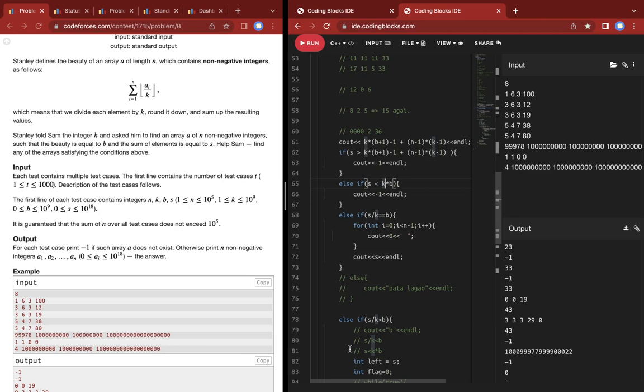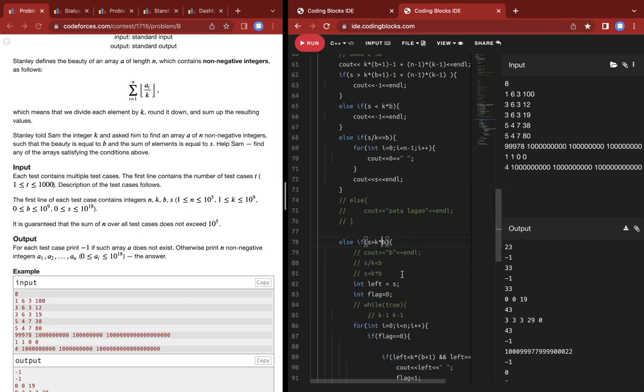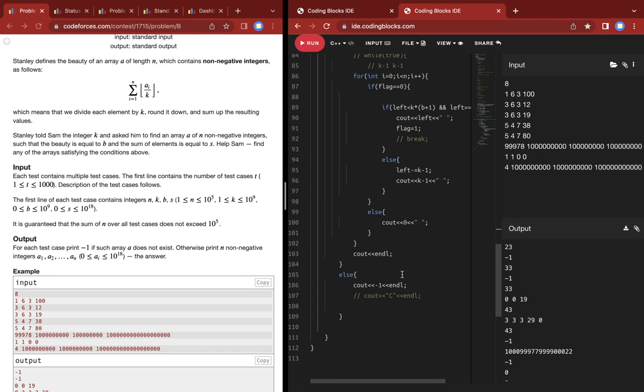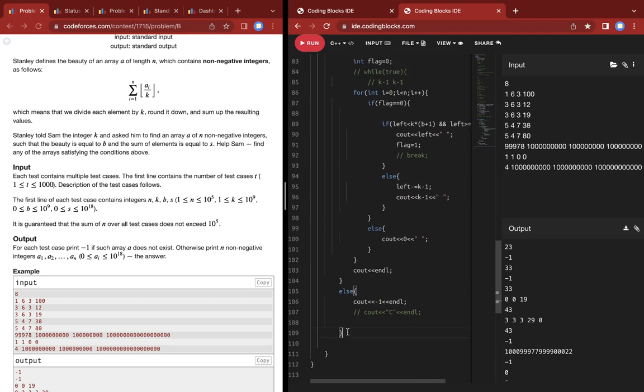Oh, rounding errors. Is it rounding errors? Is this what I think it is? I don't know.